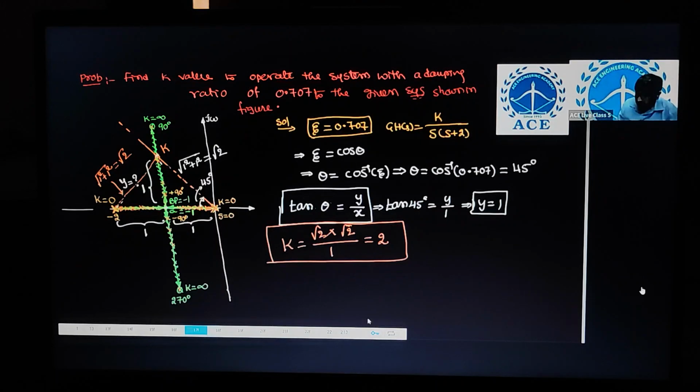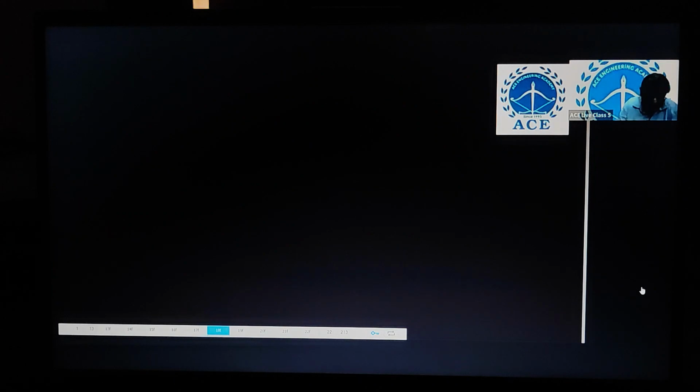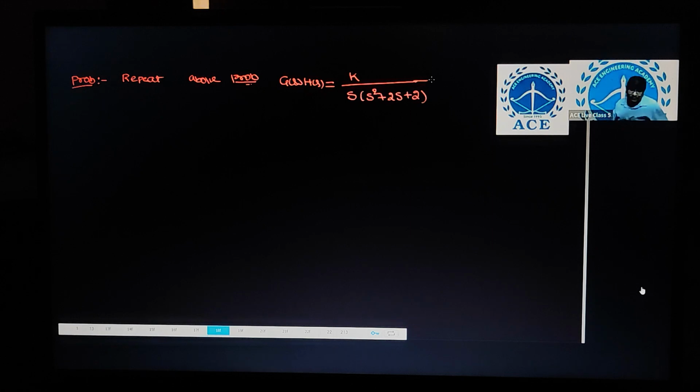Next problem. Repeat the above problem. Come on, do it, all of you. Look at the poles in the s-plane.